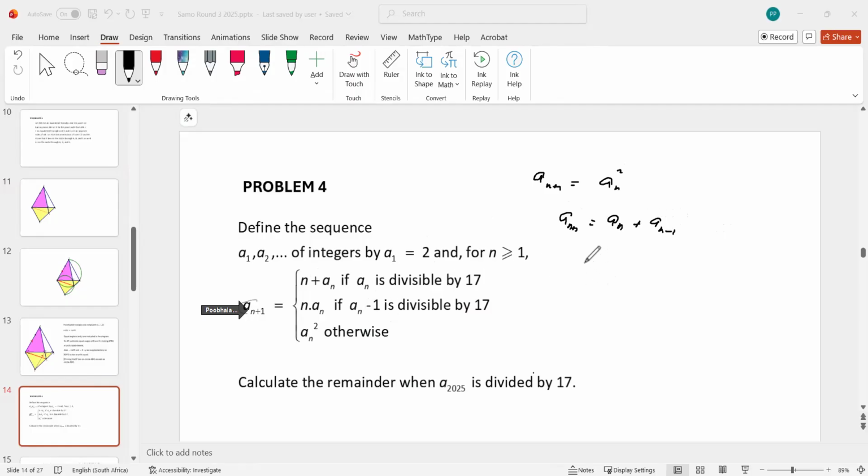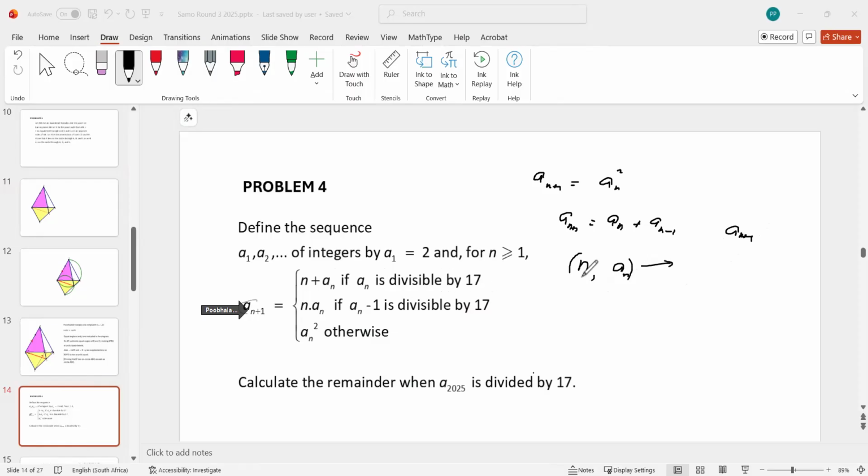So therefore, both n and an, the position of the sequence and the term in the sequence, together they create the n plus 1th term. So if you want to work out the next an, given this pair, what you do is you test 3 ways. You test whether n plus an, the sum of these two, is divisible by 17. That's one way.